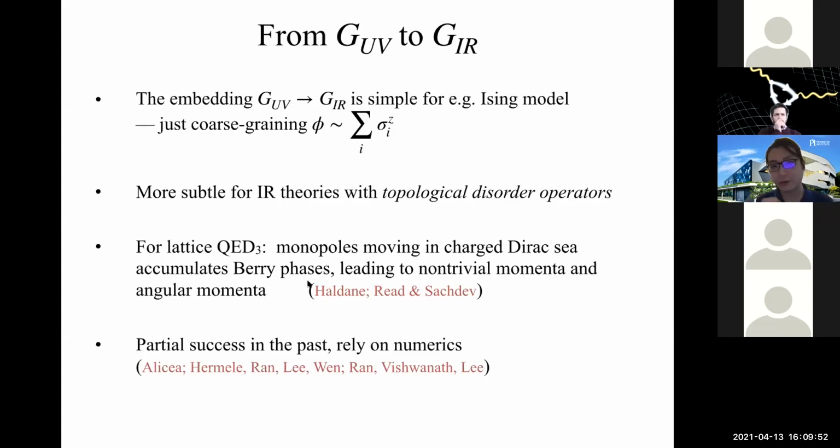And that non-trivial Berry phase gives you some non-trivial lattice momentum and angular momentum. So it wasn't clear exactly how to really think about this problem. Essentially, when the monopole moves, the entire Dirac sea feels it. And in the past, there has been partial success. At the end of the day, you have to rely on numerics.